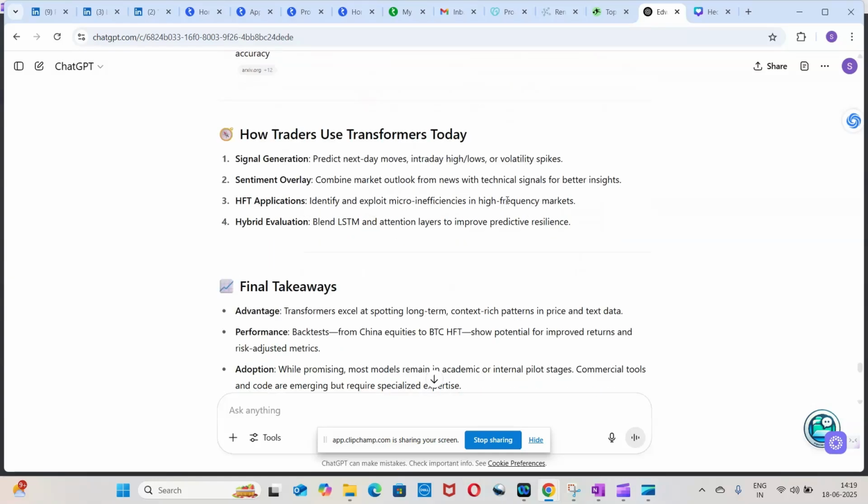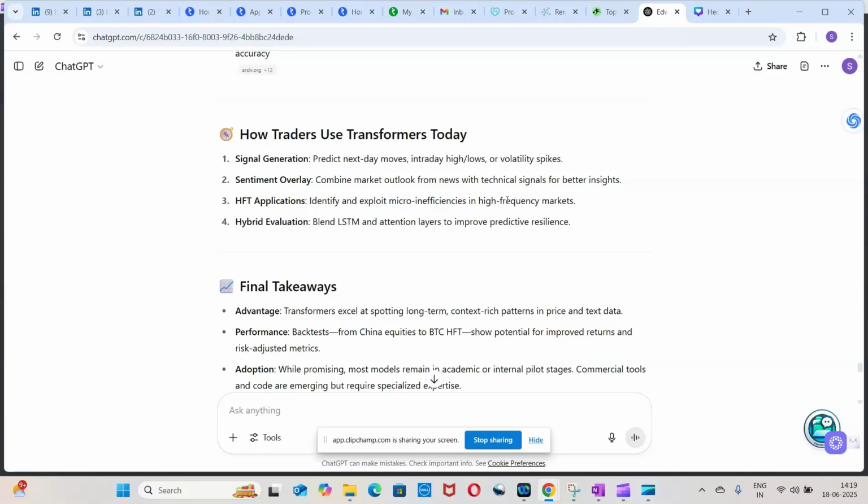So how do traders use transformers today? It's signal generation. So basically predicting next day moves, intraday highs, lows and volatility spikes. For signal generation they're using it, and sentiment overlay, combining the market outlook from news with technical signals for better insights. So sentiment they're able to combine with their technical analysis or fundamental analysis and trade based on that.